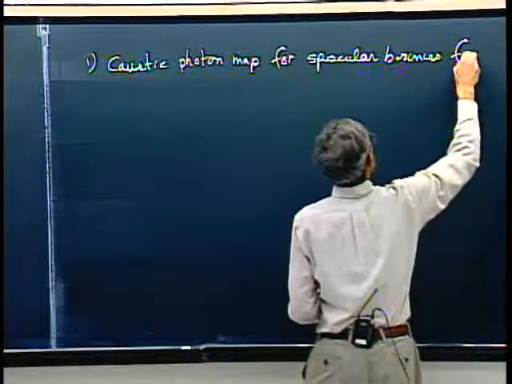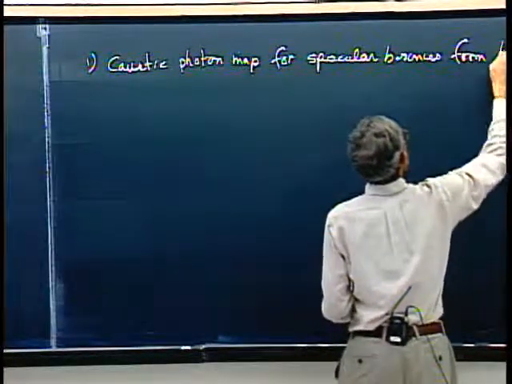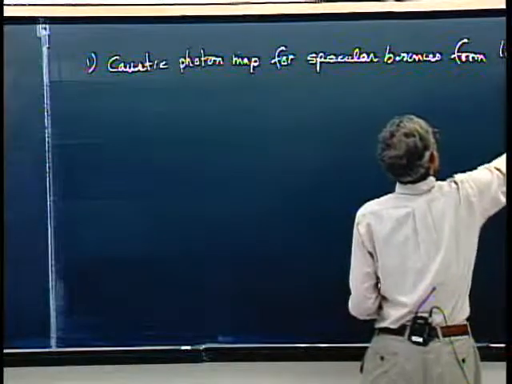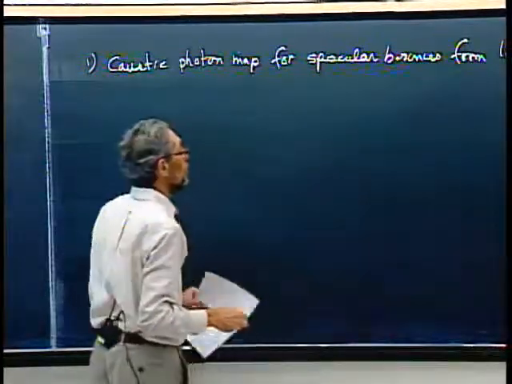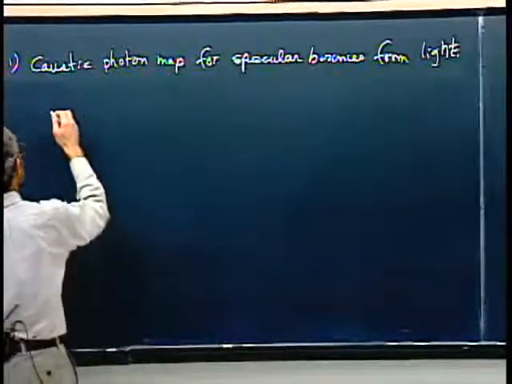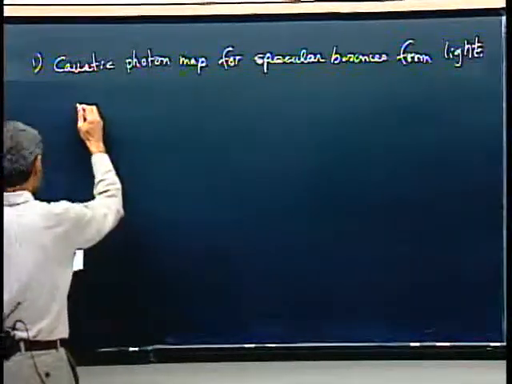From the light. So I'm not going to worry about glossy. My surfaces are all going to be specular and diffuse. That's the way it's presented in the book and in the papers that the book came from.